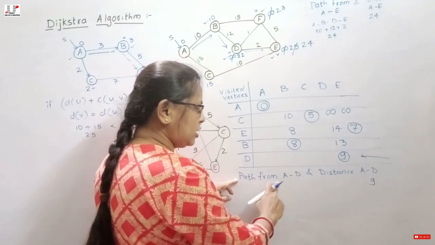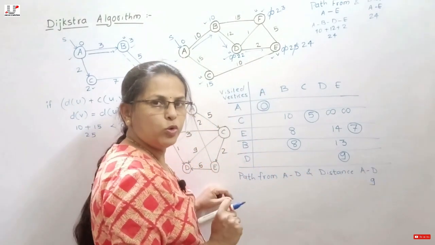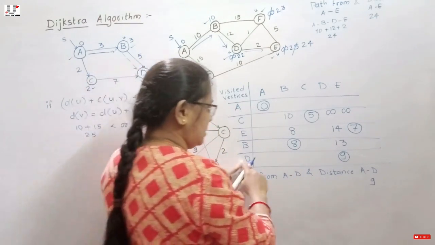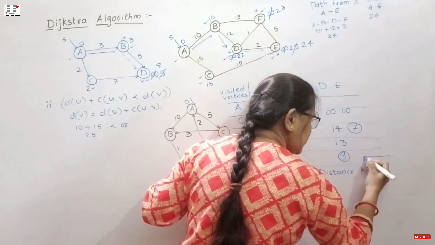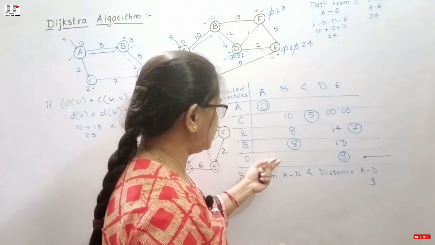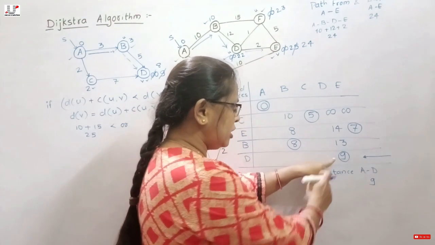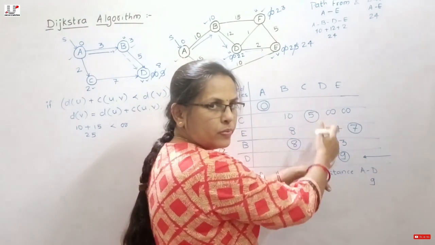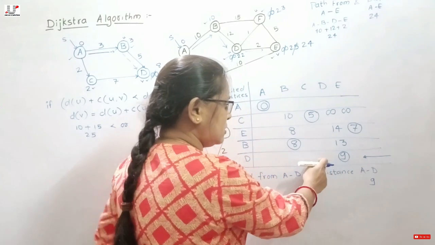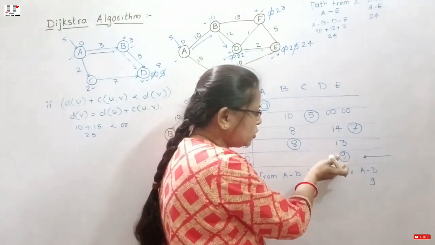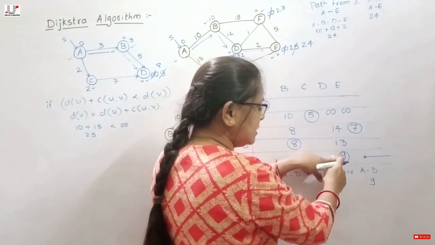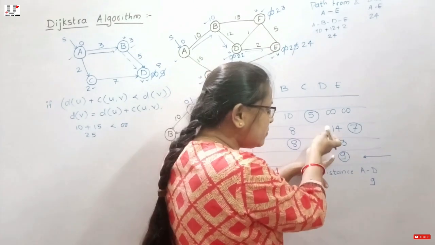Now we have to find out the path from A to D. In the last row, D has been visited, so here D. To find the path using this table, you have to check the same column, the column which is marked as the smallest one, and immediately check the previous row and check whether there is a difference in the same column in the previous row.